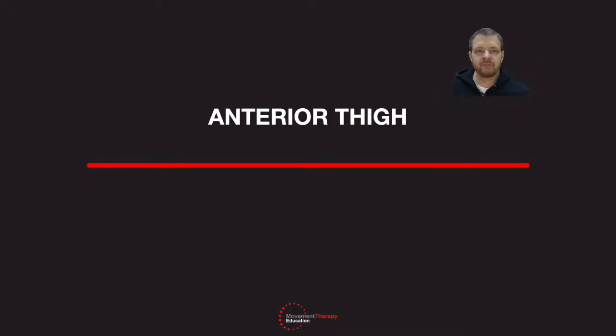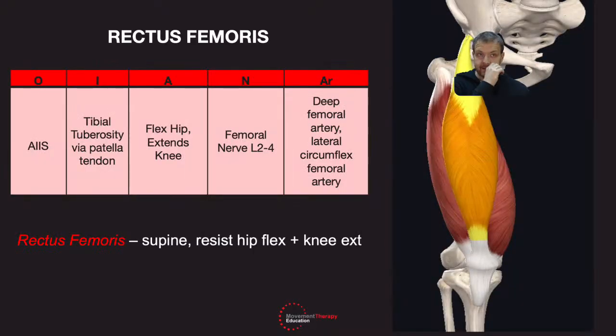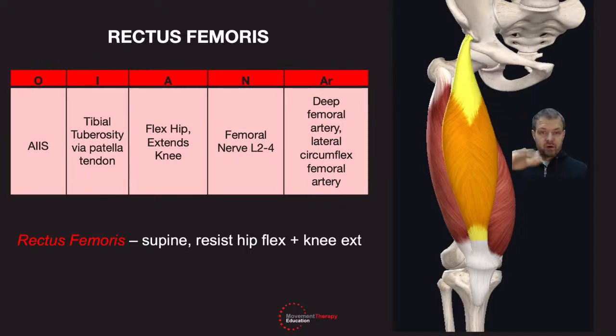Cool. So yeah, a little bit of a recap from last time. We had a look at rectus femoris on the front of the thigh, and the reason why we included it, even though we included it on the hip as well, on the knee as well, is because it crosses the hip and the knee. So we were talking about how it's one of the most common muscles in the anterior thigh to get injured, because it crosses two joints.